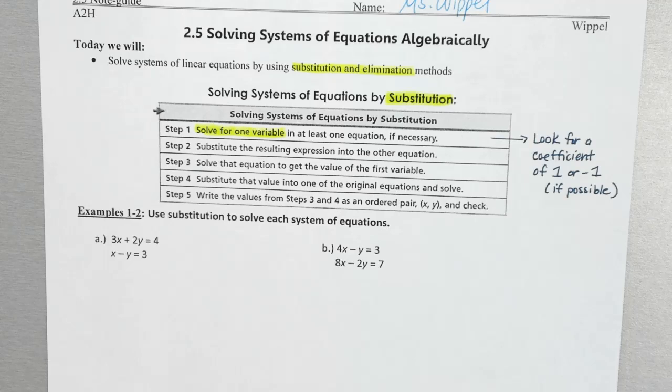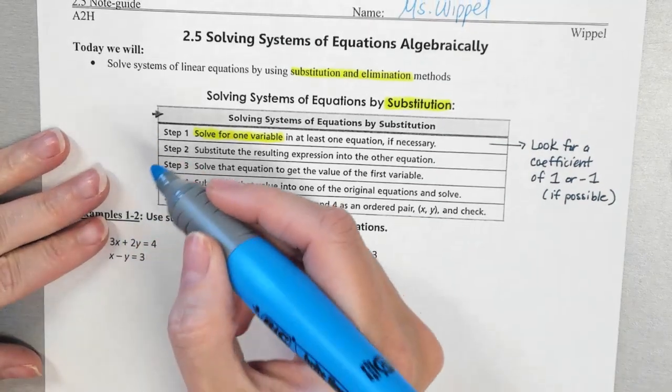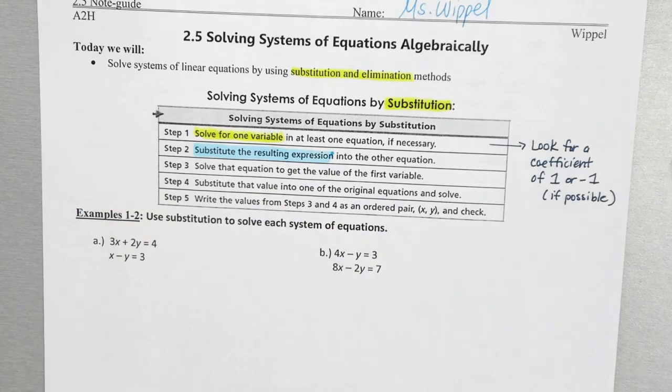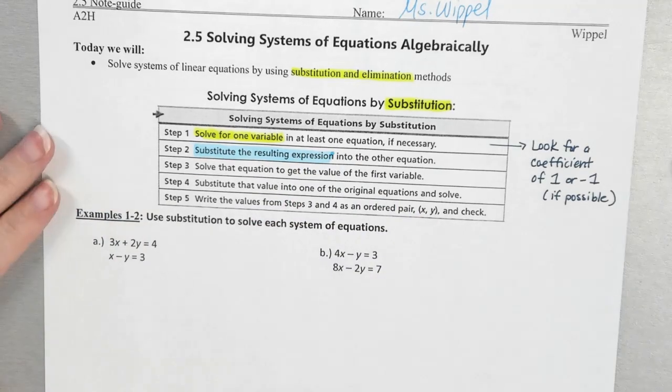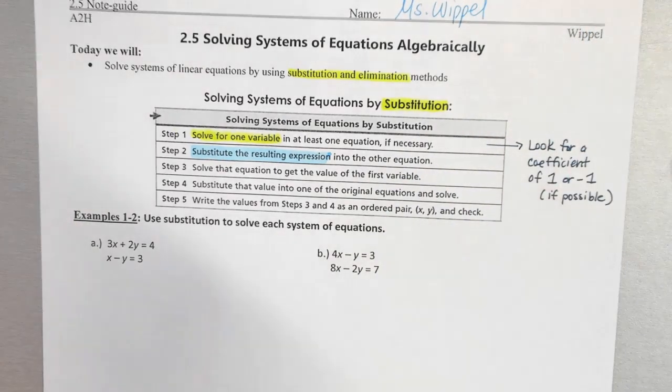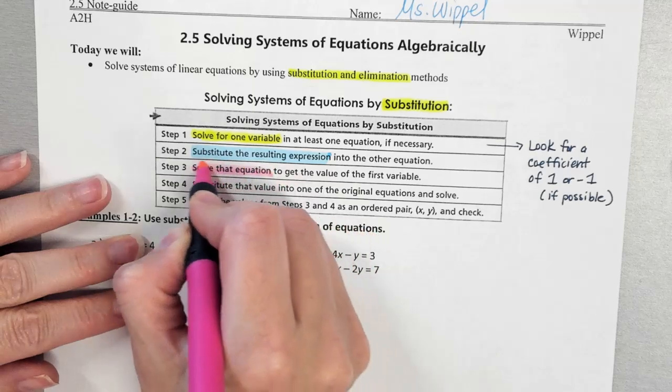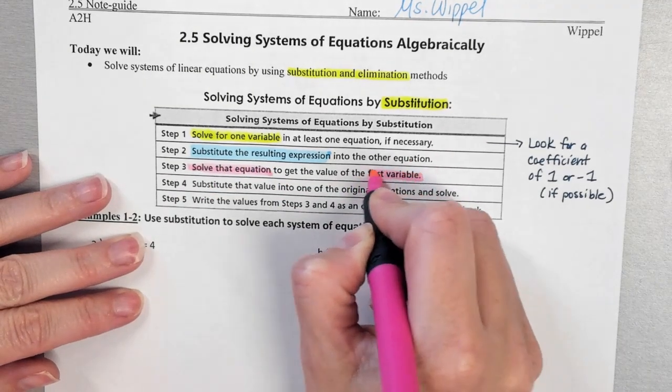Once you solve for one variable, you're going to substitute the expression into the other equation. Then you're going to solve that equation, and that's going to give you the first variable.